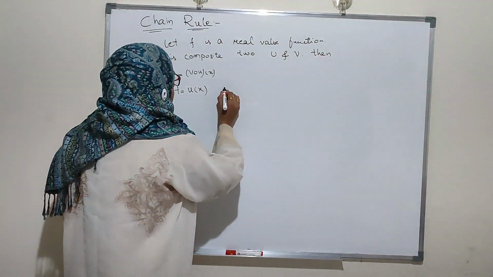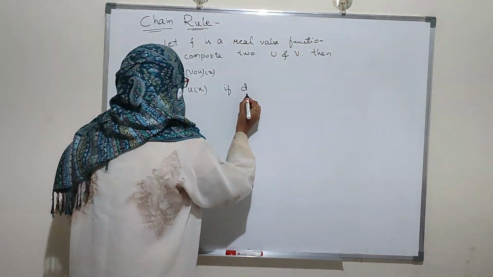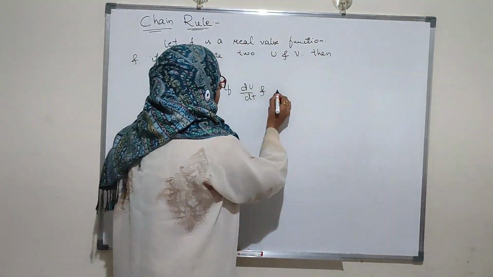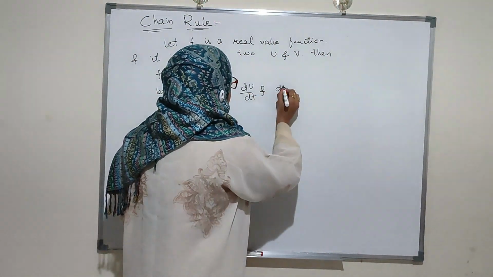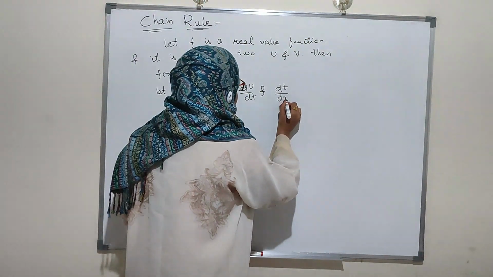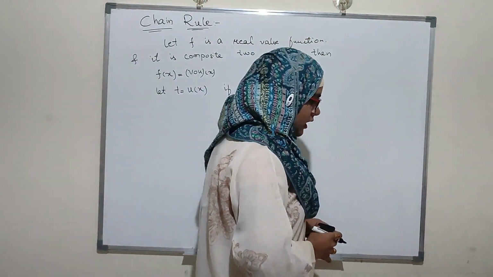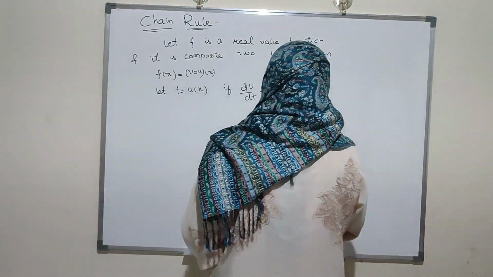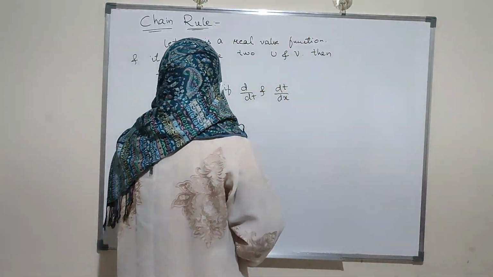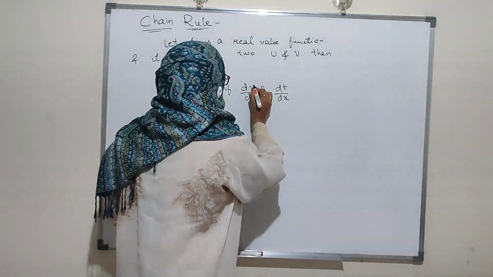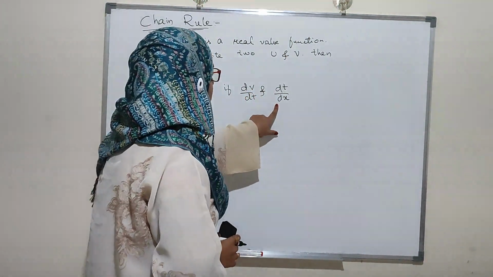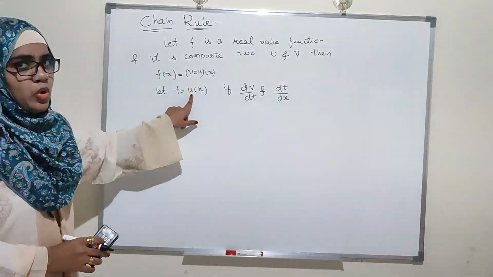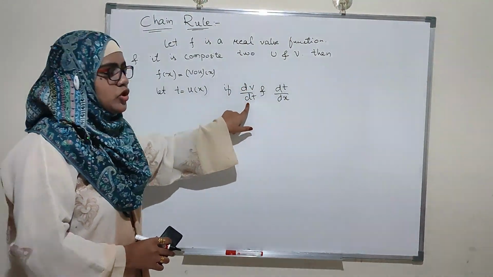Now if dt by dx and dv by dt exist, we are differentiating this v with respect to t and t with respect to x, and we have taken t as u of x and v is a function of t.